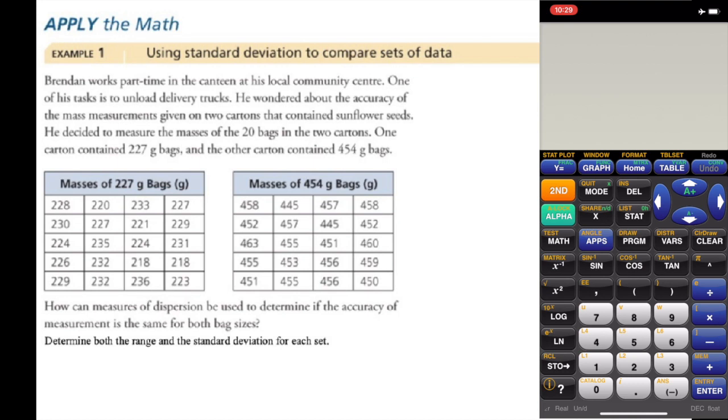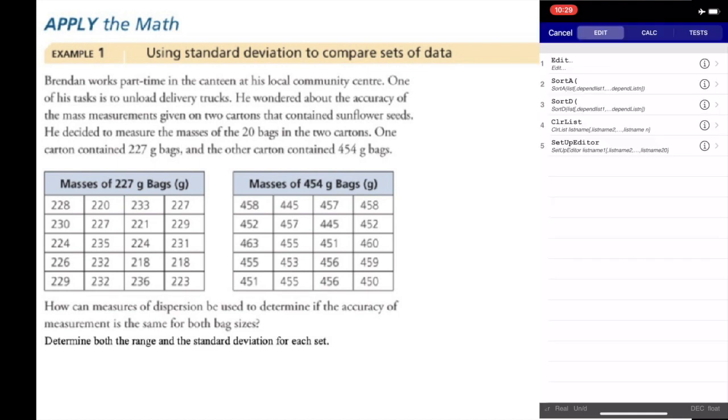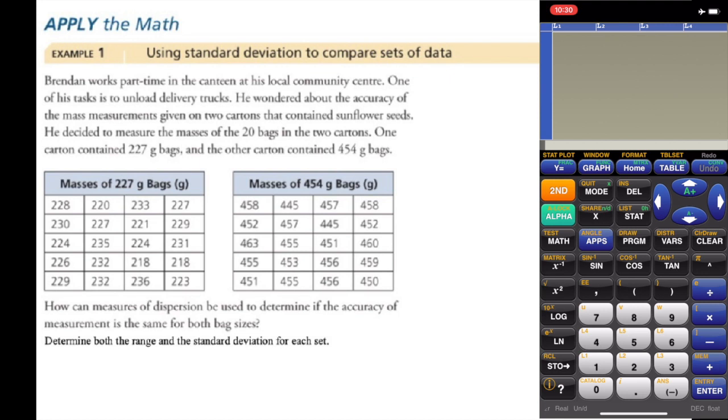enter the data, and again, as this is the third time through this, I'm going to go a little bit quicker than usual. Please pause the video if you need to catch up. So stat, edit, I'll enter the 227 gram bag masses. They're what Brendan weighed out.